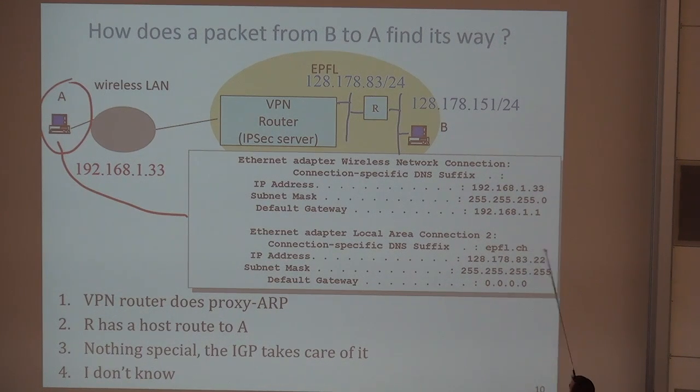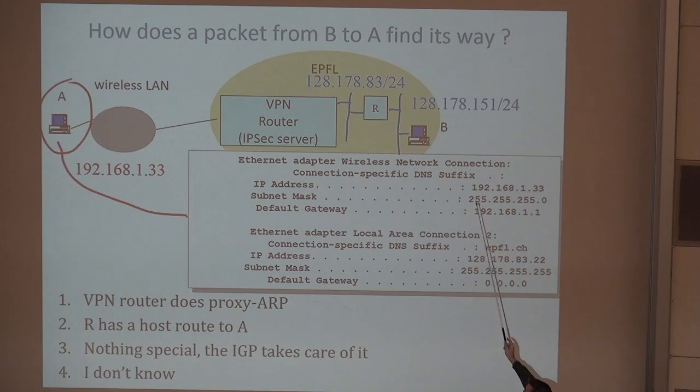And you see that the IP address that is given to my machine is an IP address of EPFL. This is old, from a few years ago. Today you would have 179, but the principle is the same. So I have two IP addresses, the IP address that I have on the wireless LAN, and the IP address which is given to me by the VPN server.